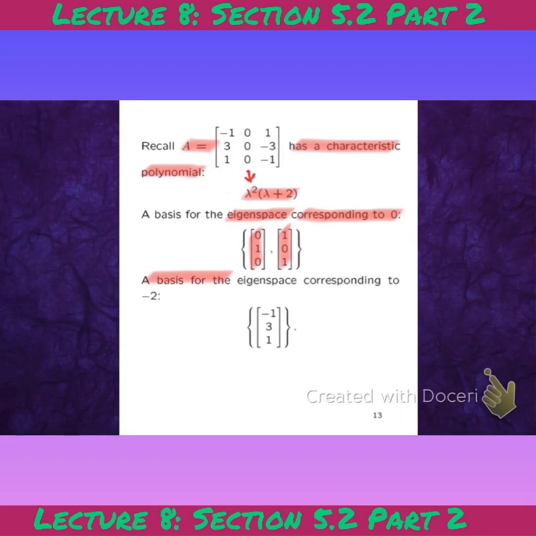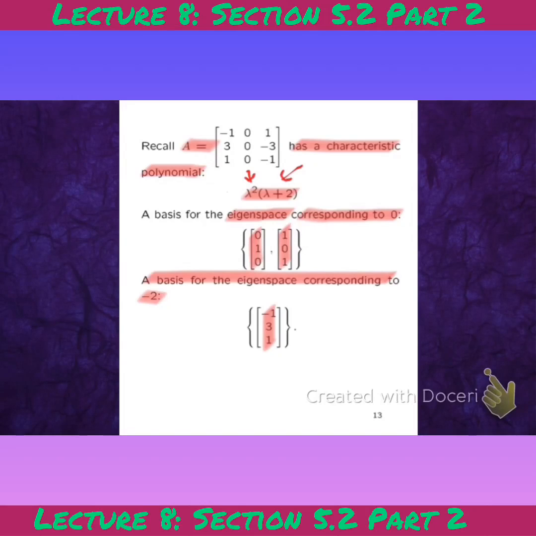Here, the basis for the eigenspace corresponding to lambda equals minus 2 is exactly 1, and that corresponds to the number of times the factor lambda plus 2 occurs in the characteristic equation.